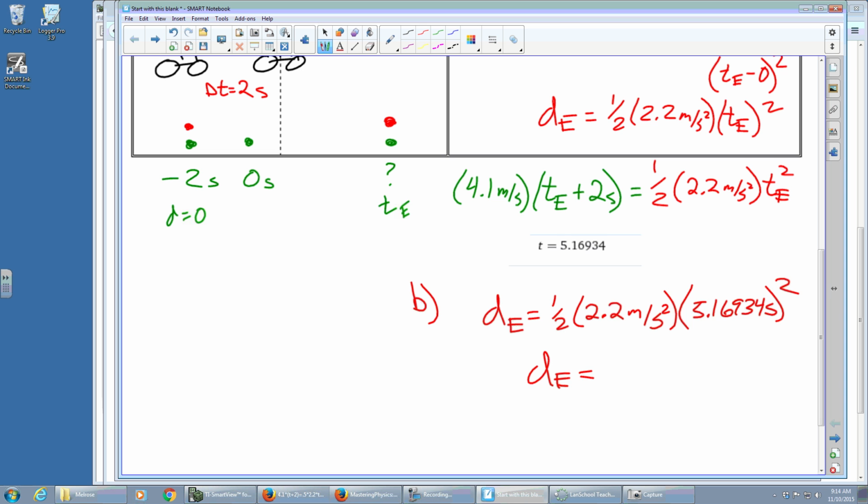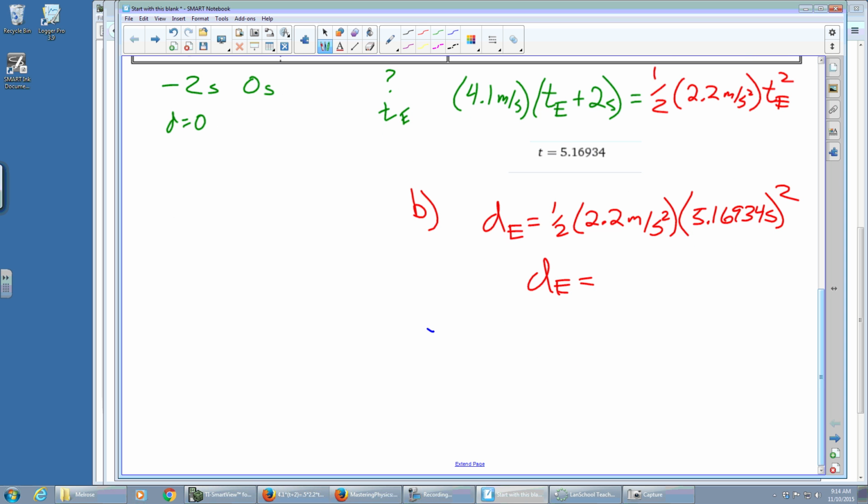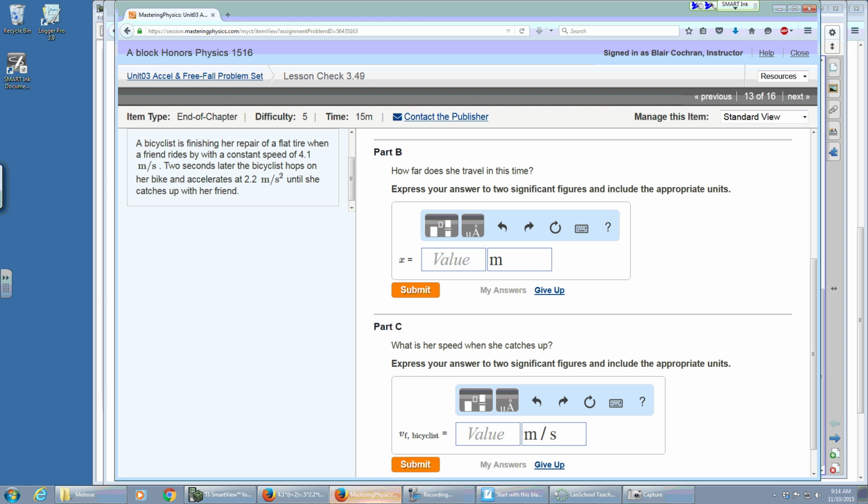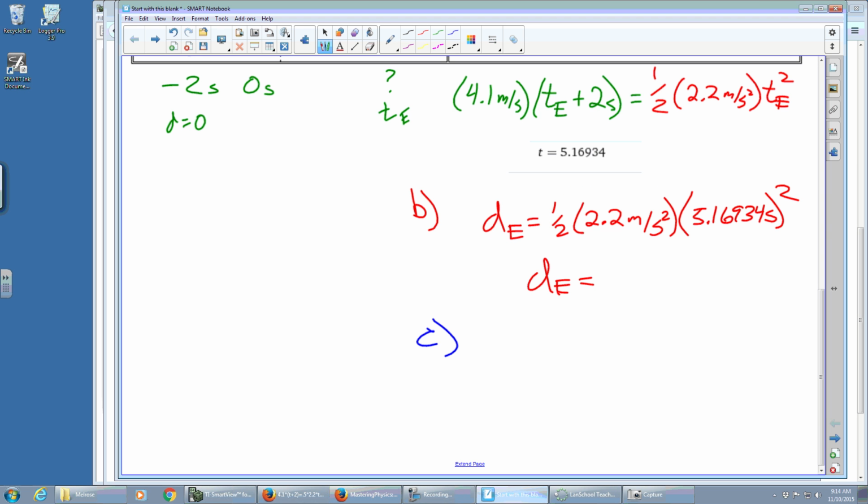And then on to part C. They ask me, what's her speed when she catches up? So I'll look back at my equation sheet and pull out that V final equals V initial plus A delta T. And I want to know V final.